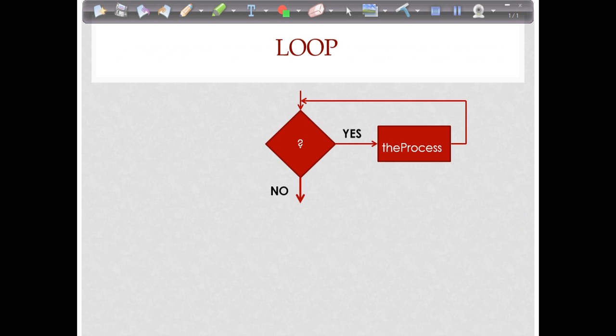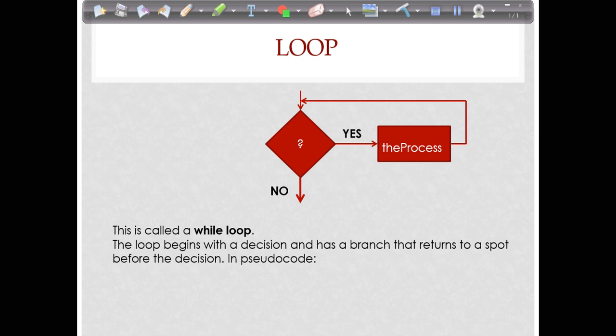The third structure is a loop. The loop structure gives us a way to repeat actions as long as our condition is true. So for example, in this one, we would ask a question, and if the answer is yes, we do the process, and notice where it goes back to. It goes back to the beginning of the loop.